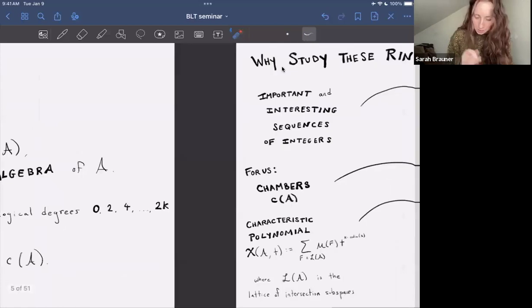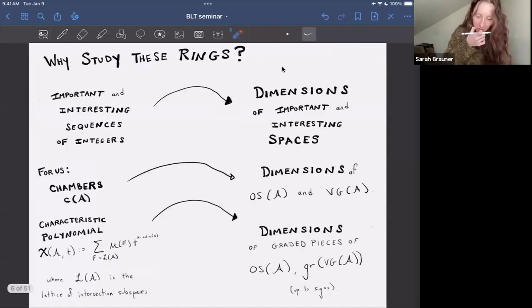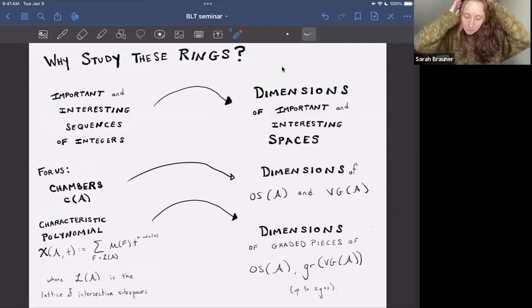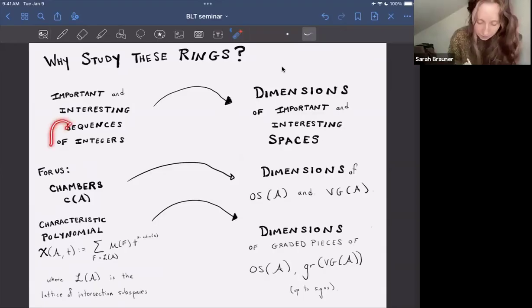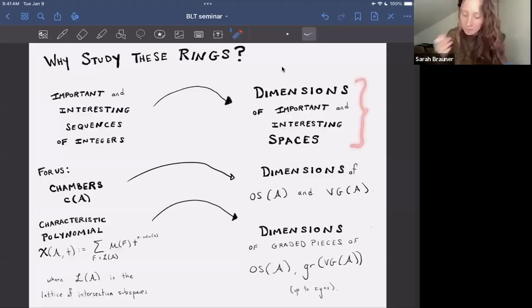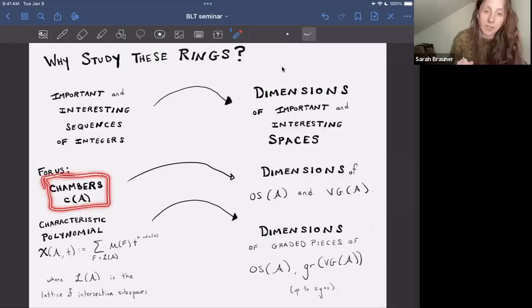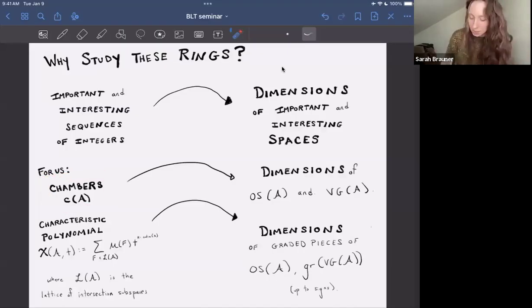Okay. So why do we want to study these rings? Well, I think they're a very nice example of sequences of integers that we care about recording, like this algebraic phenomenon of dimensions of spaces. In particular, the chambers of the hyperplane arrangement give the dimensions of both of these rings, the Orlik-Solomon algebra and the Varchenko-Gelfand ring.